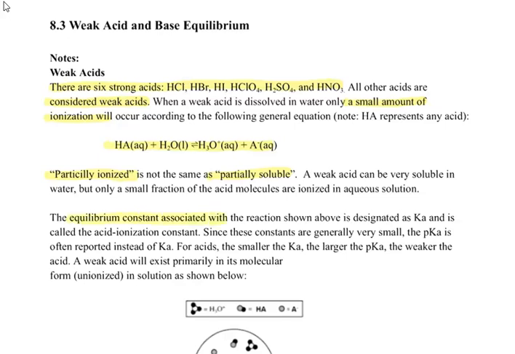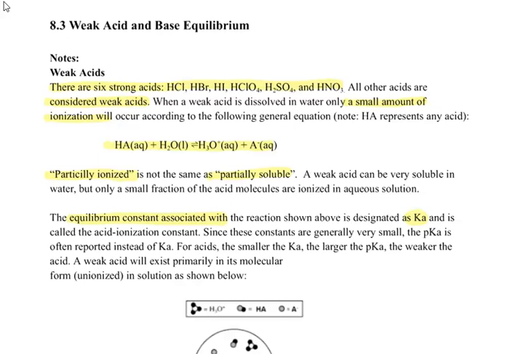And so we do have a couple of things. Again, we have Ka, which is your equilibrium constant for acids. You're going to have a Kb, which will be your equilibrium constant for bases. And then when we have the pKa, then again, that is like your pH for your acid.